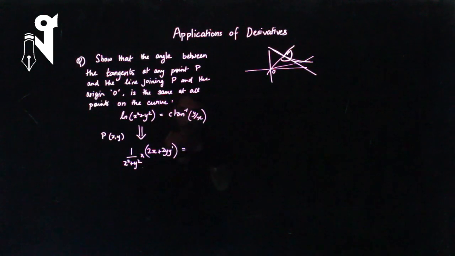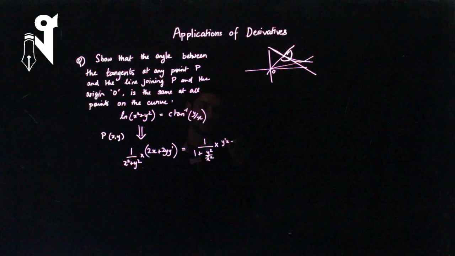The other side, now derivative of tan inverse y by x is 1 by 1 plus y square by x square. And again by chain rule, I need to differentiate y by x. So that is y dash x minus y divided by x square.